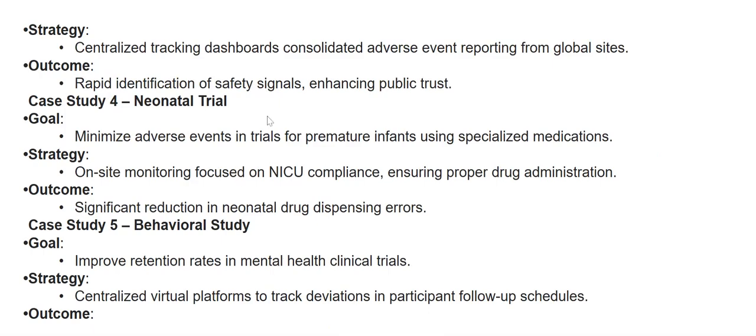And here the strategy for the COVID-19 trial: centralized tracking dashboards, consolidated adverse event reporting from global sites, international sites. So this means it's a high-scale global international trial. The outcome here will be rapid identification of safety signals, ending up enhancing the public trust.